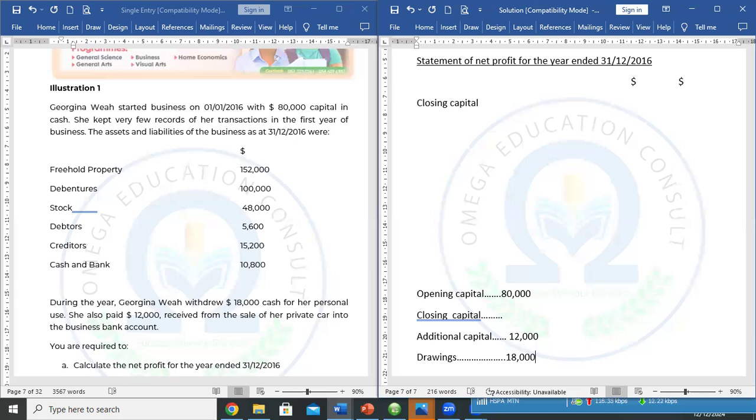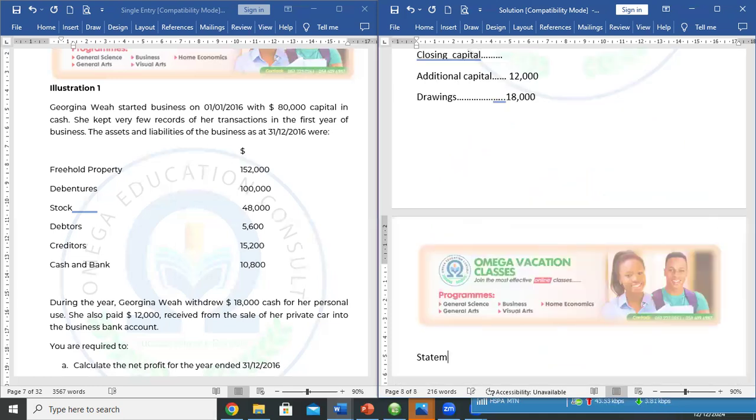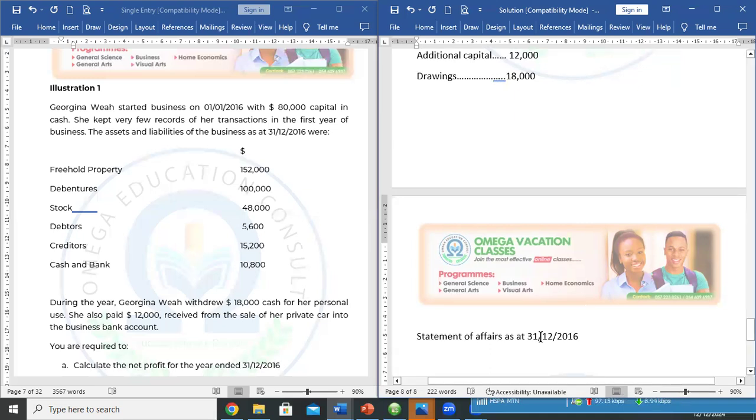You do it as part of your workings. As at, remember the date, 31st December 2016, because we are looking for closing capital. So it should be on the closing date.